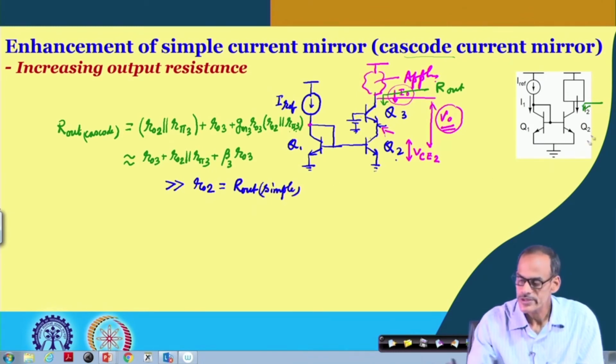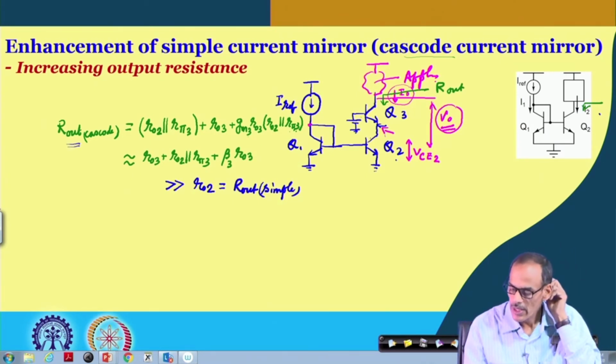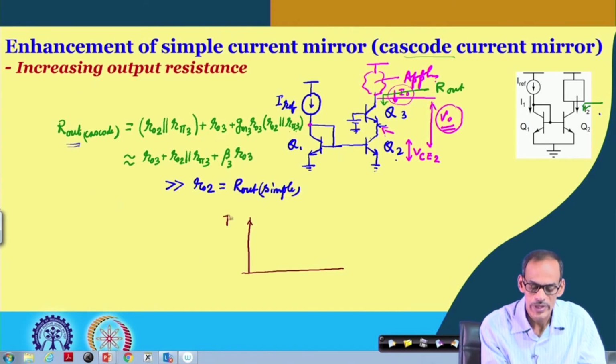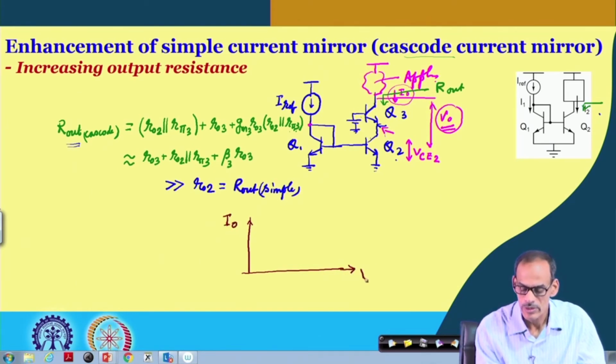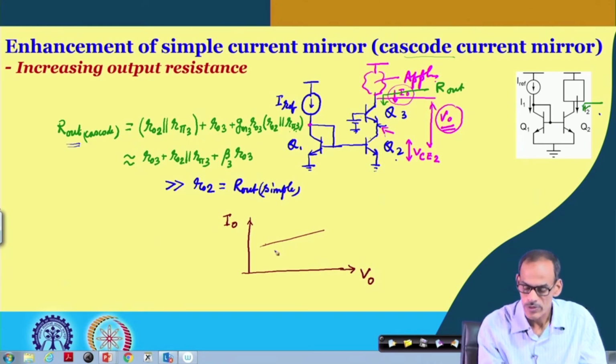So, compared to the simple current mirror, the corresponding output resistance is much higher. If you observe the dependency of the output current on the output voltage VO for the two cases, namely the simple current mirror and the cascode current mirror: for the simple current mirror, based on the Early voltage, it may have significant dependency, whereas for this case the dependency will be much smaller.